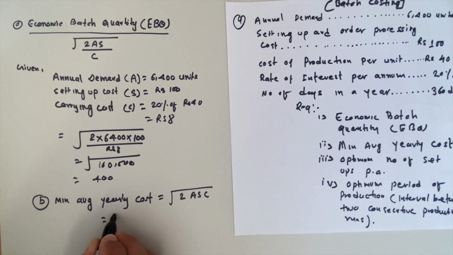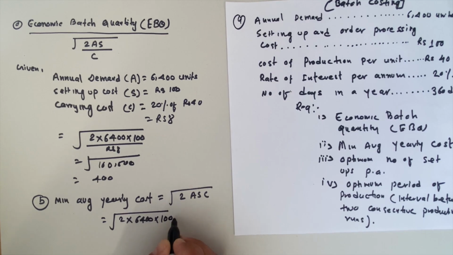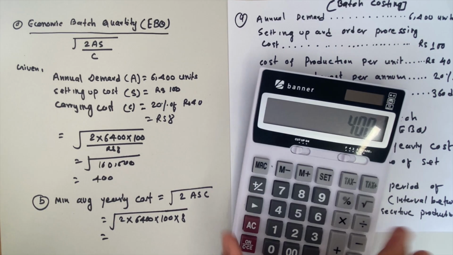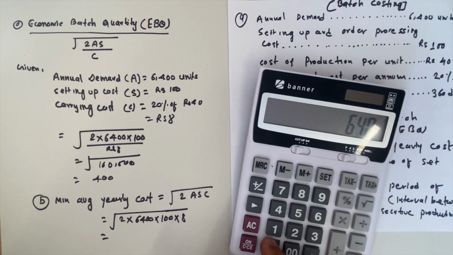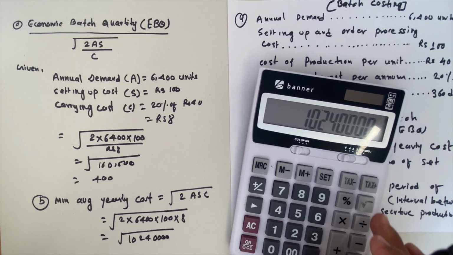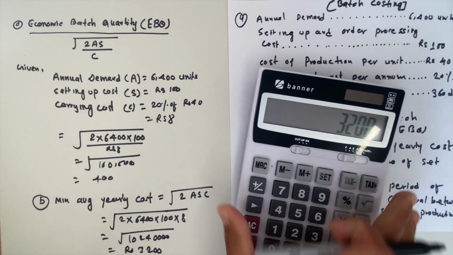We know the annual demand is 6,400, S is 100 and carrying cost is obviously 8. We get 2 multiplied by 6,400 multiplied by 100 multiplied by 8, which is 10,240,000. Its square root gives us rupees 3,200.